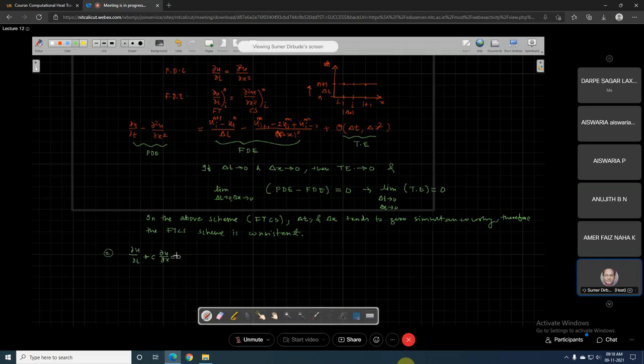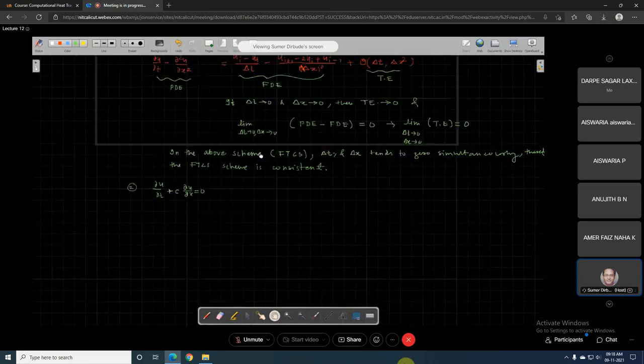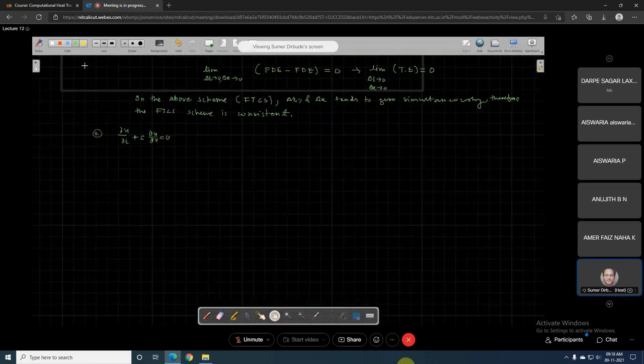This is a hyperbolic equation. And if this expression is now discretized this way, which is called the Lax method. Now we use the Lax method to discretize this expression, del u del t plus C del u del x.